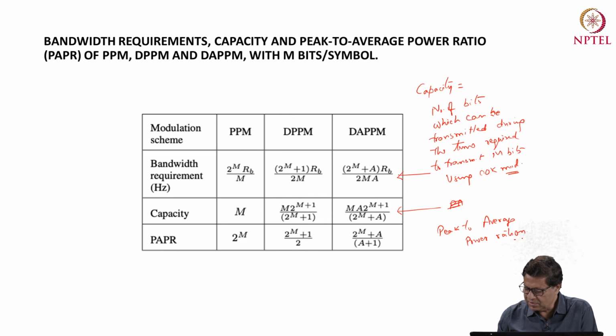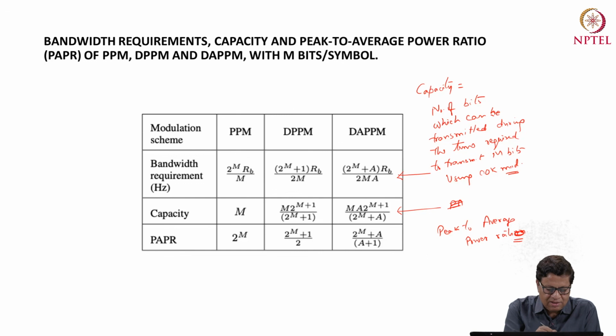Sometimes this becomes critical because the LEDs which are used have limited dynamic range. So if your peak to average power is high, then there may be some degradation in performance because of the non-linearity in the characteristic of the LED. So PAPR becomes important, and there are techniques for reducing PAPR that we will understand in subsequent lectures.